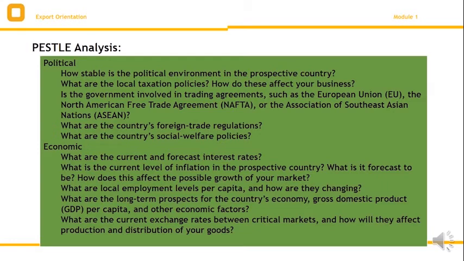You need to look at what are the local employment levels among the citizens. You also need to look at things like their gross domestic product, their GDP. Also look at what are the current exchange rates. Also look at the type of currency that country actually uses.